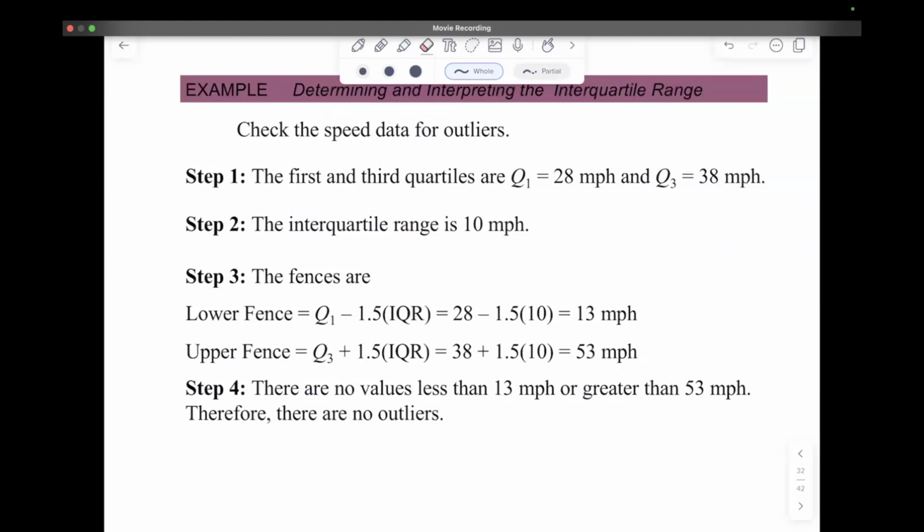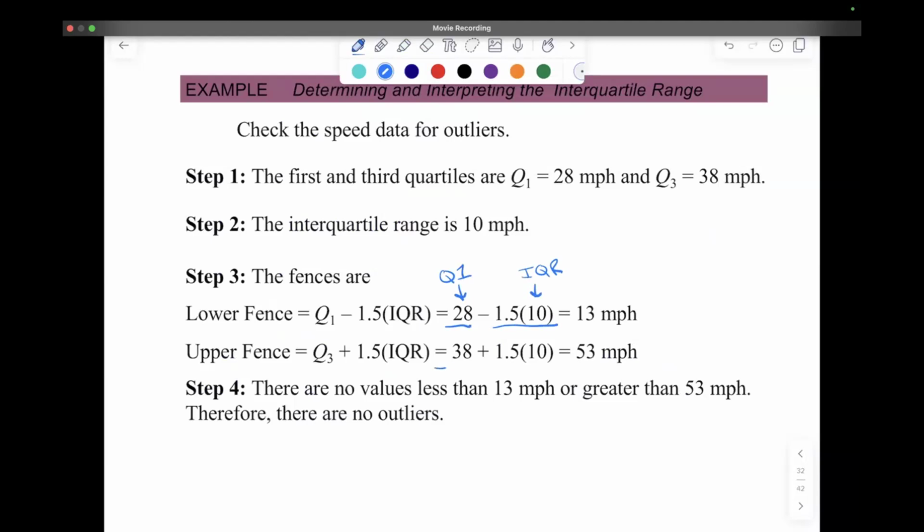Okay. So our speed data, our first quartile is 28, our third quartile is 38, and our IQR is 10. So I'm going to take the 28 and subtract 1.5 times 10. This right here is my IQR, and this right here is my Q1. So 28 minus 1.5 times the IQR is 13 miles per hour.